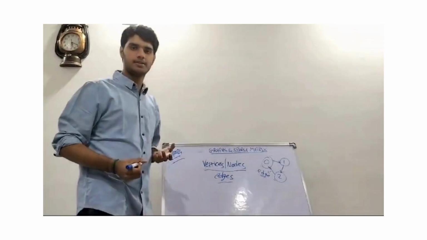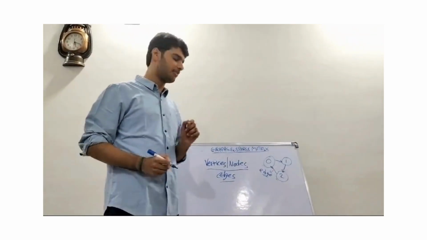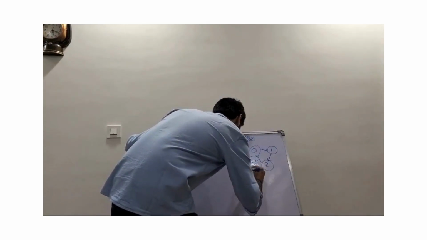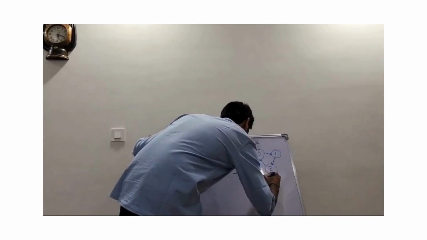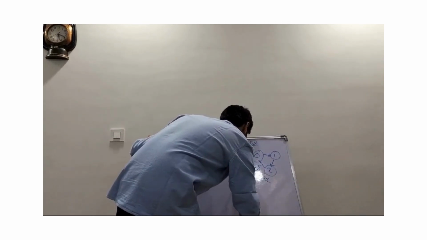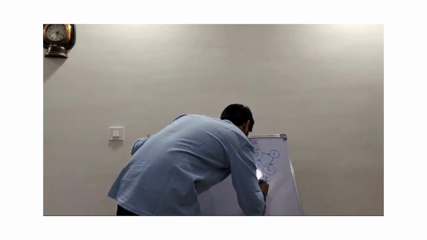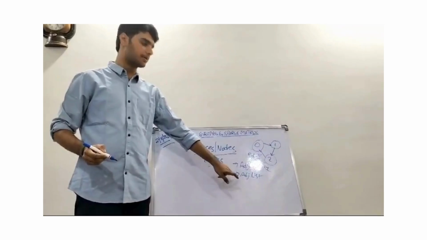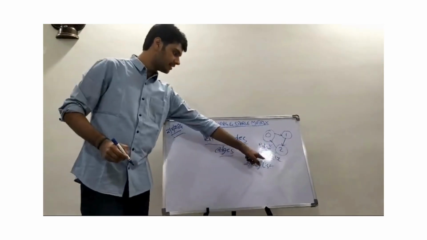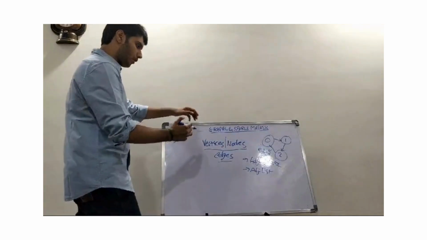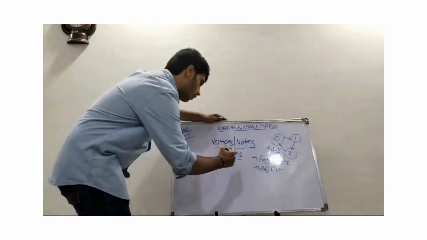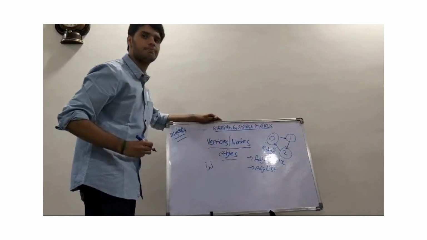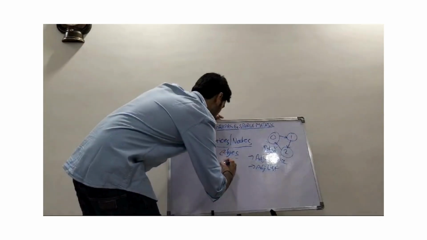There are two ways in which we can represent a graph. The two ways are, one, an adjacency matrix, and the other, the adjacency list. In an adjacency matrix, suppose the matrix has vertices i, j.